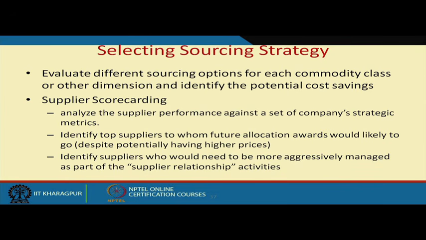For example, if you have bought certain items in the past, and different divisions have bought the same item at different prices, even after competitive bidding, then at least you can identify the suppliers who, if you consider them separately for each purchase situation, are providing the item in a cost effective manner.